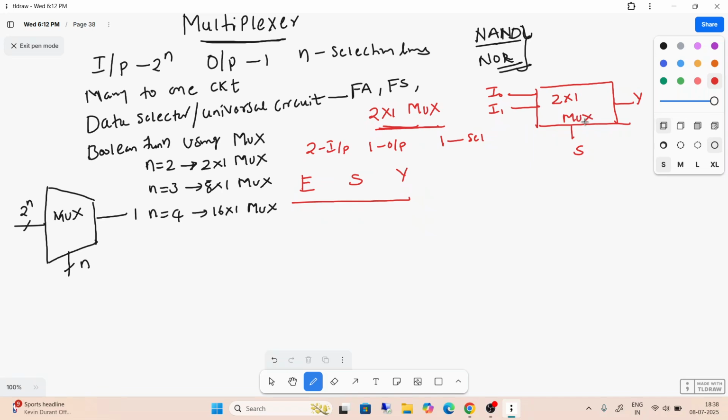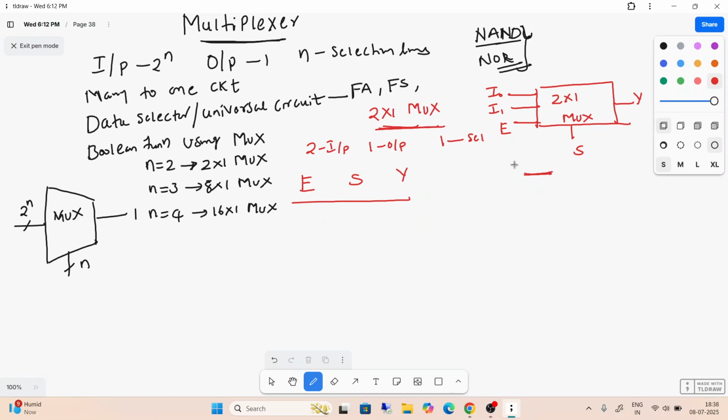So you have one more pin, that is the enable pin. It is acting like a switch. There are two types of enable. One is active high enable.